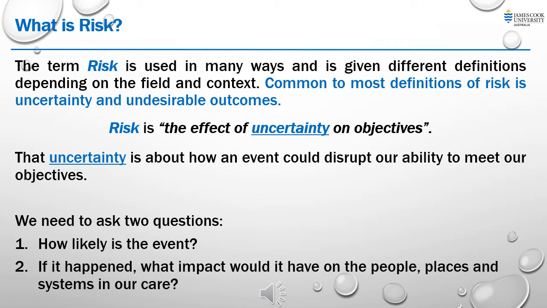Understanding and managing risk is a critical component of strategic planning and decision making, and organizations that effectively manage risk are better equipped to achieve their objectives and succeed in a rapidly changing business environment.